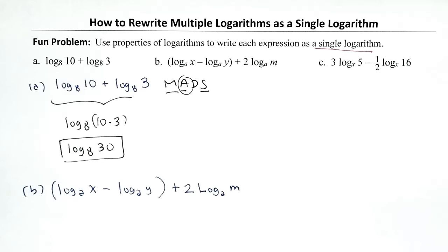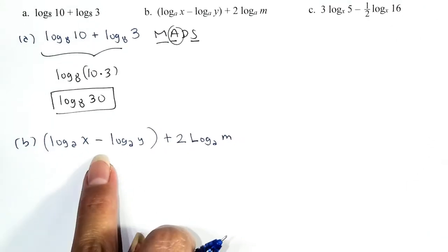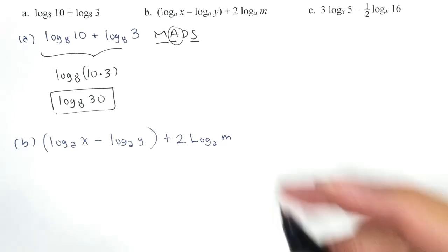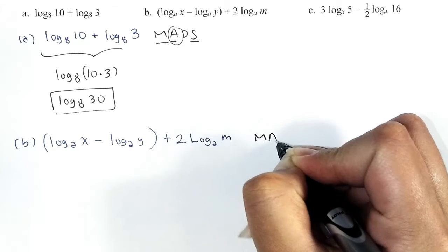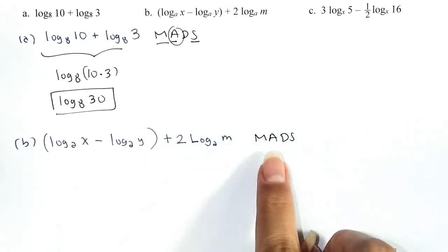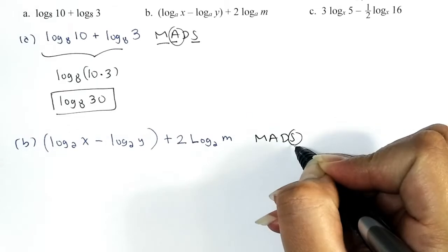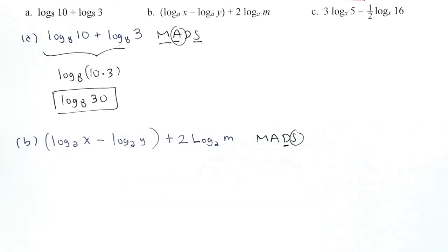We're going to focus on the grouping symbol, so we're going to subtract first. For the subtraction portion, how can I backtrack to a single logarithm? Can I even do it? Silly logarithm rules, they make me so mad. Then I circle what I have, whether I'm adding the logs or subtracting them. In this case, we are subtracting them, so to backtrack to a single log, we're going to divide the arguments.